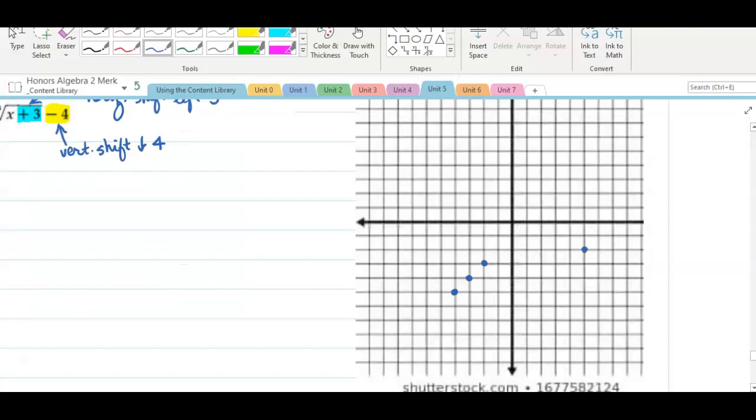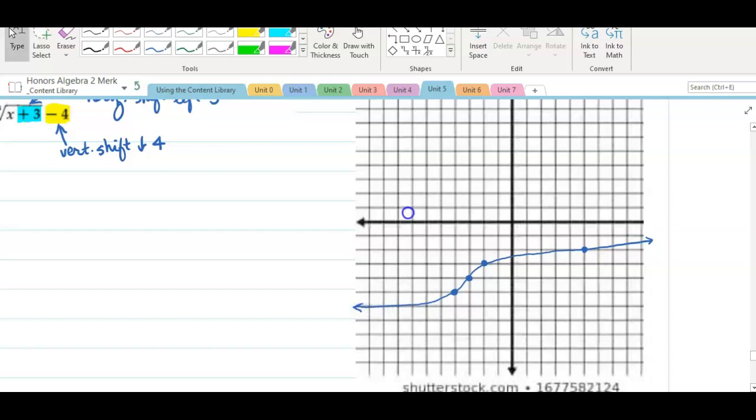So let's stick with what we have here. We know that it comes up, goes through this point, and continues on. It comes down here and continues on this way.